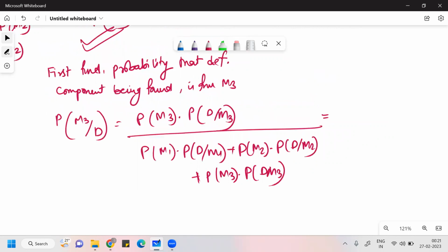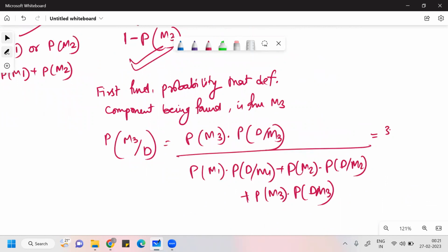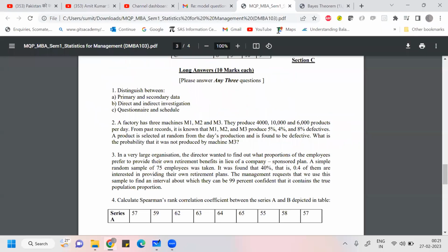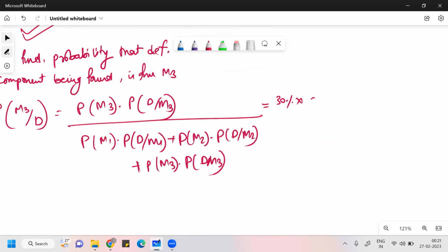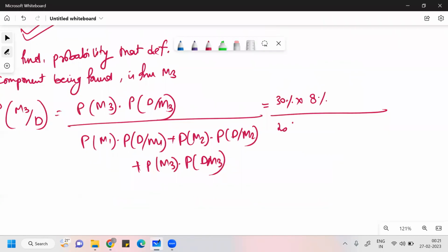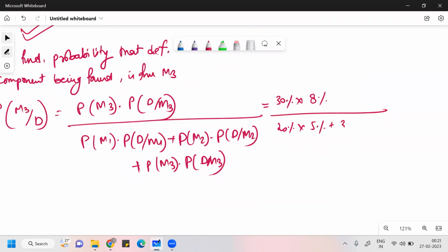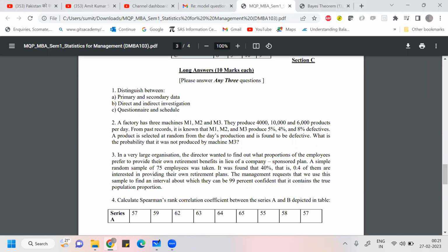You know the probability of choosing M3 is what? 30%, right? 30% times the defective component from M3, that is 8%, divided by M1, which was 20%, 20% into 5%, plus 30% into 8%, plus the third, 50% into 4%.